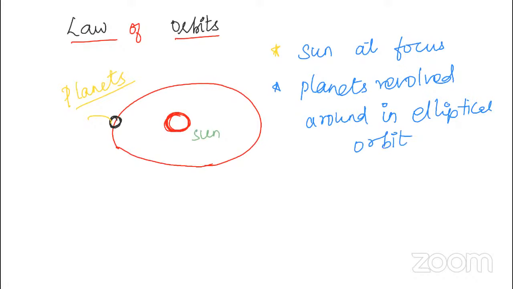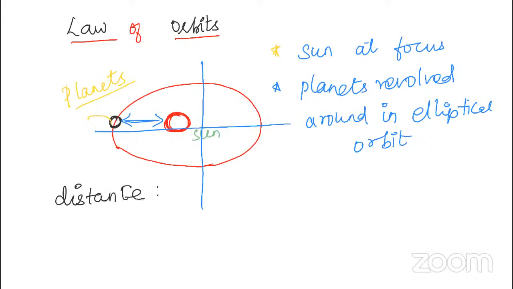Let us now consider this one. Suppose the distance between the planet and the sun is at its closest, we call it perihelion. The distance between planet and sun should be nearest.